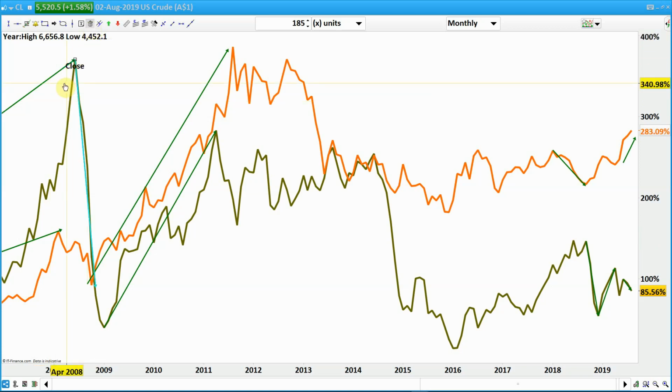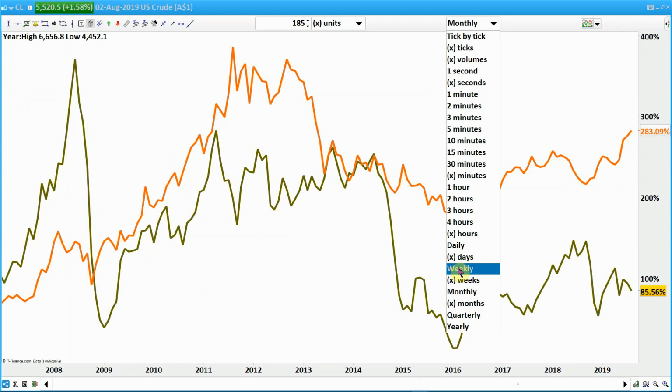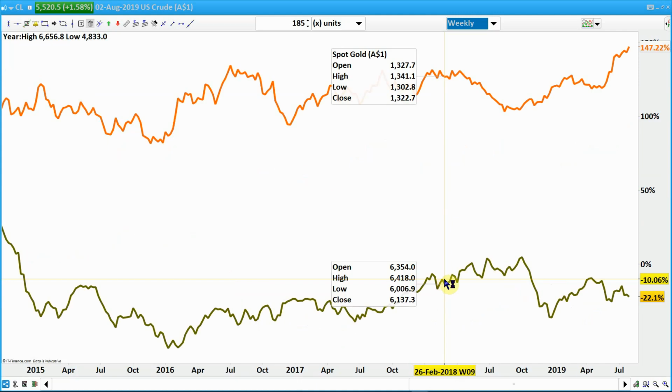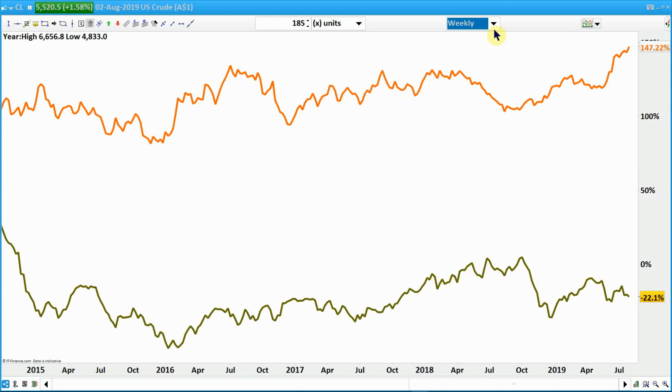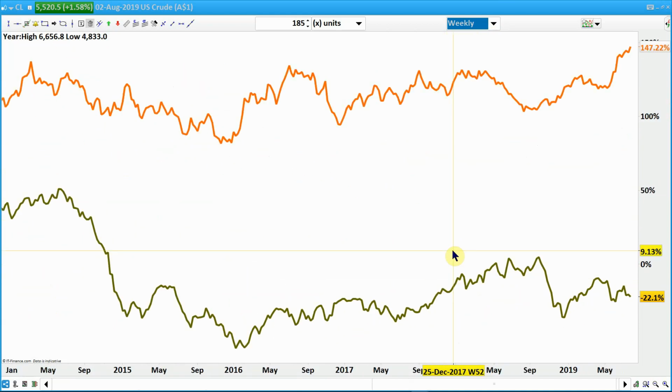So this is the relationship between gold and oil in front of us. If we go to weekly, oil is going up now, then oil is coming down and gold is going up because of the safe haven concept. As I say, nothing is 100%, so the correlation is also not 100%. Sri, did I answer your question?